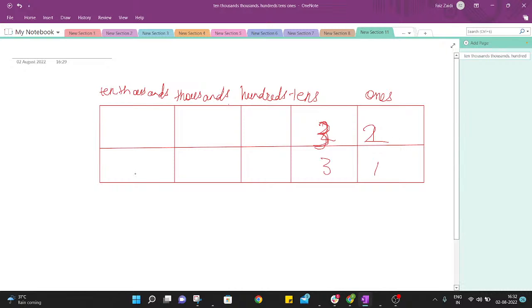Now let me remove these two numbers so that you can tell me some other number. Let me write 45 and 54. Now please tell me which number is greater, 45 or 54. I am giving you 15 seconds to answer in the comment section.